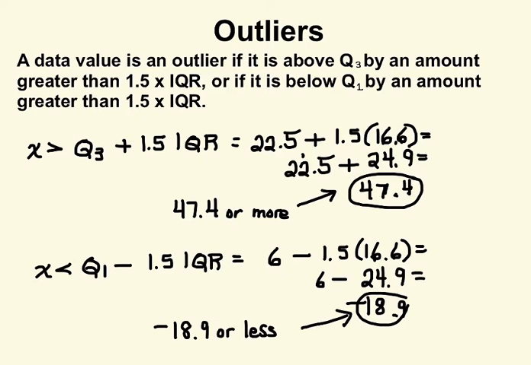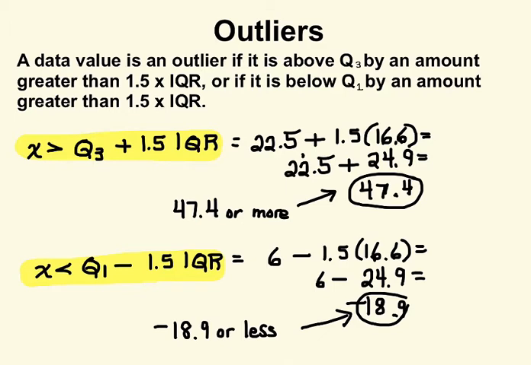Whenever x is greater than the quartile 3 value plus 1.5 times the interquartile range, or whenever x is less than quartile 1 minus 1.5 times the interquartile range, it's an outlier. It's just greater than, not equal to.